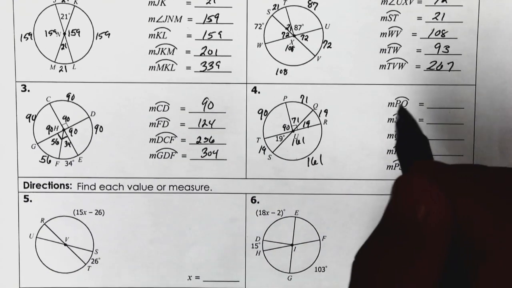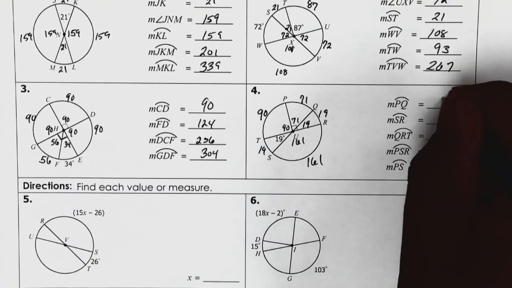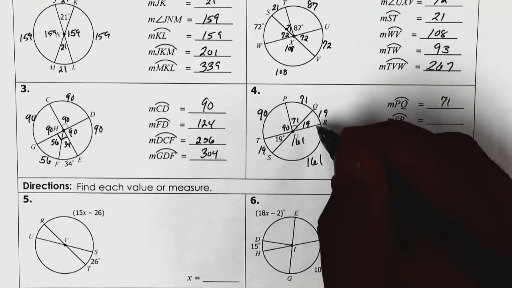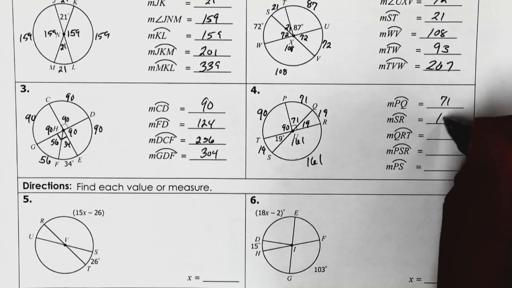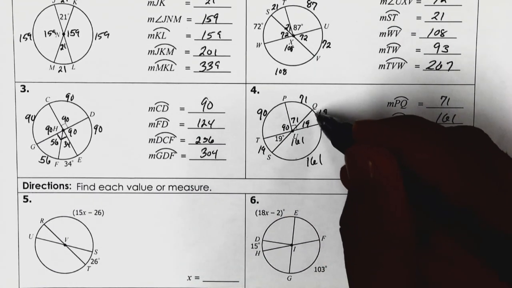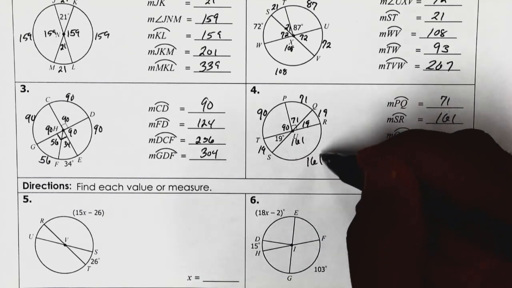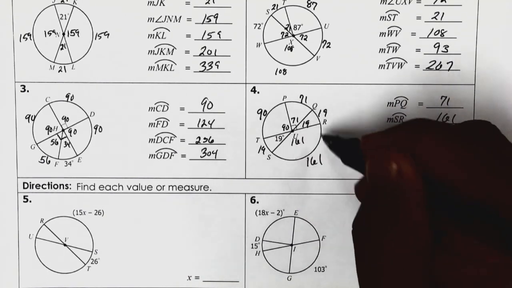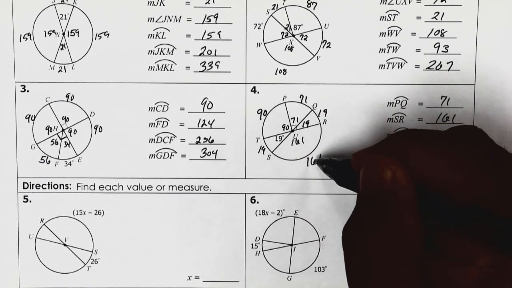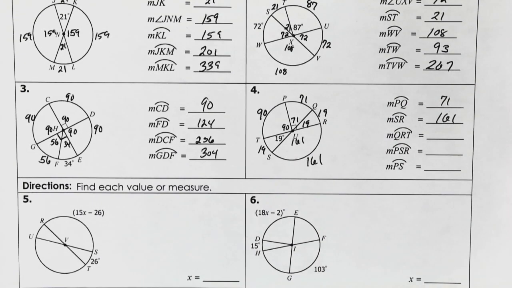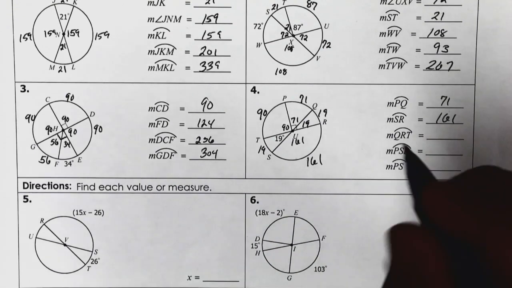let's get our measures. So PQ is 71, SR is 161, QRT, so all the way right here, QRT, so it's going to be 19 plus 161 plus 19, that's 199.